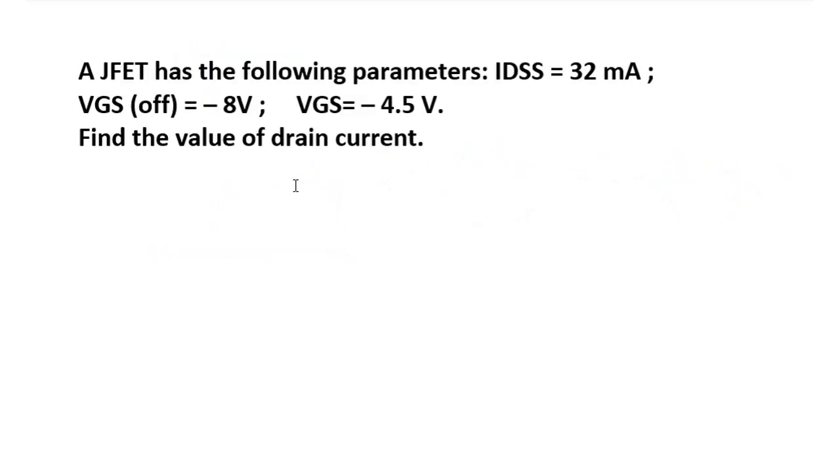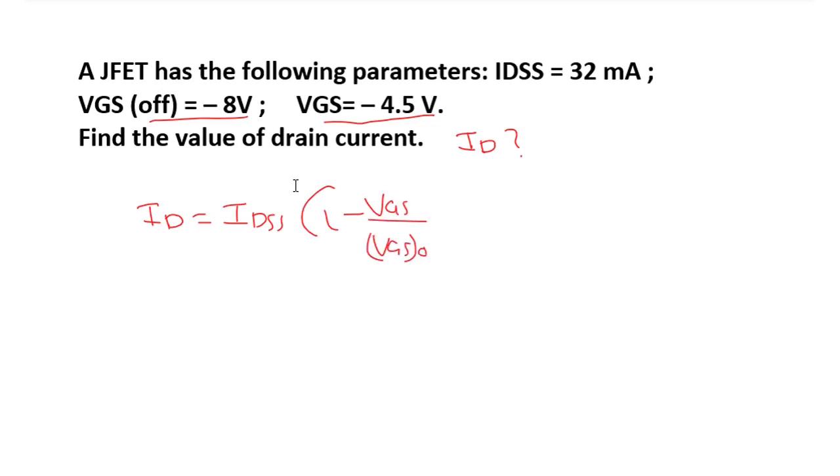Now let us solve certain numerical questions. The first one: a JFET has the following parameters. IDSS is equal to 32 milliampere, VGS off is equal to minus 8 volt, and VGS is equal to minus 4.5 volt. Find the value of drain current. So we are asked to find ID. The equation that we have to use is ID is equal to IDSS into 1 minus VGS by VGS off, whole square.